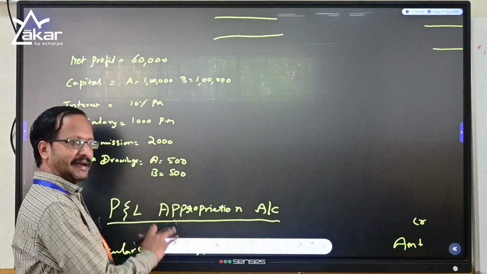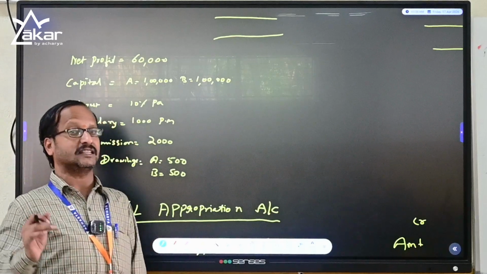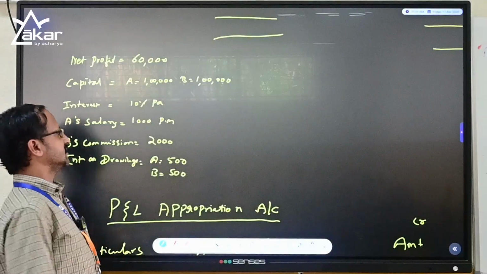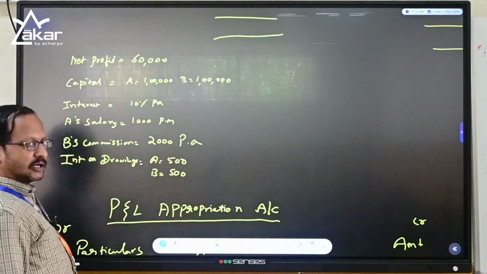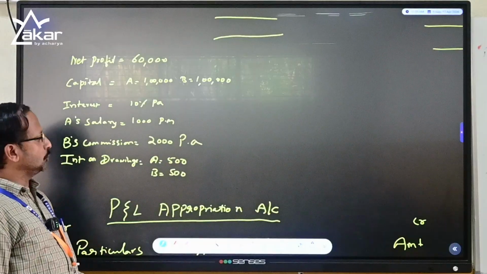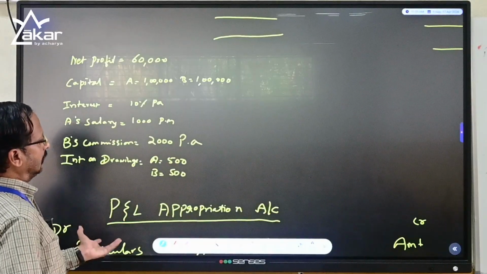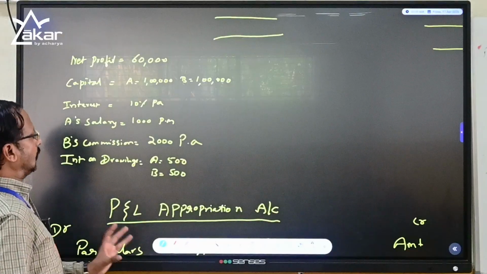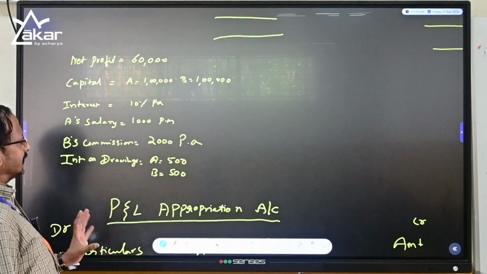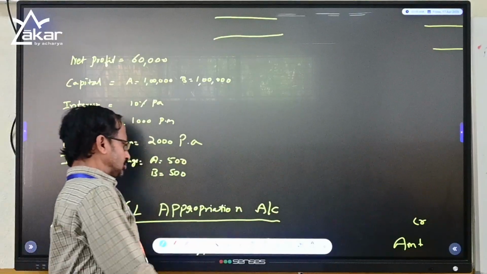When it is clearly mentioned as 2,000 and they never mention whether it is monthly or yearly, you should consider it as per annum. And for interest on drawings, they have mentioned the value itself. A has withdrawn and is to pay 500 rupees as interest, and B has withdrawn and is to pay 500 rupees as interest.